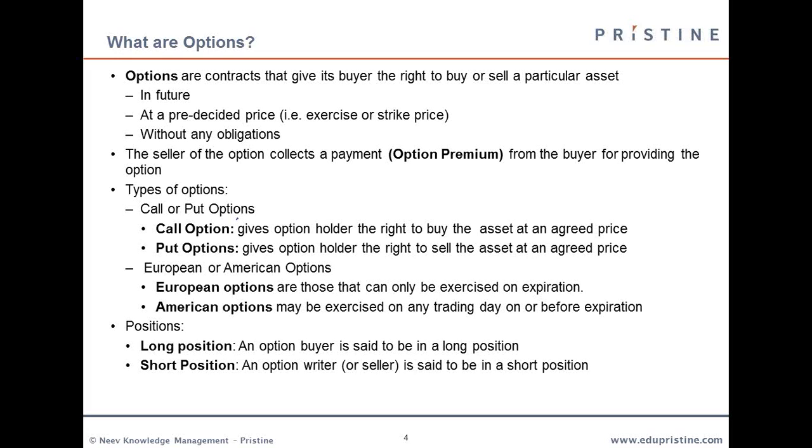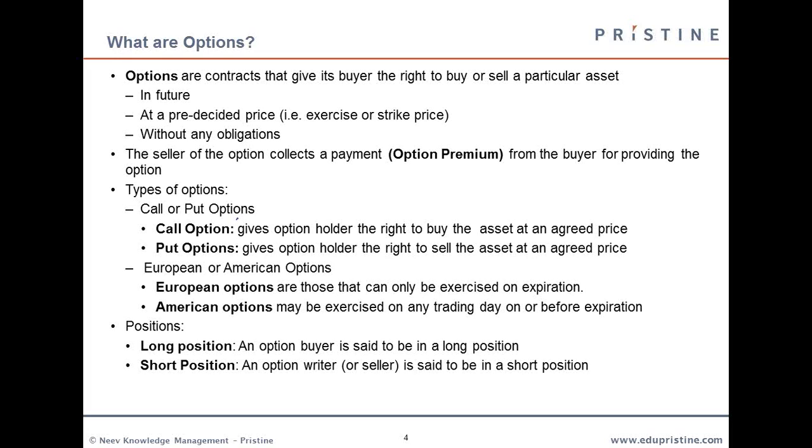And then there are two types of options, American options and European options. European options are the ones which can be exercised only on the expiration date. Say if you buy a call option of 3-month duration, you can only exercise it at the end of 3 months. But in case of an American option, you can exercise any day before 3 months in this example. So any day before expiration, it's an American option.